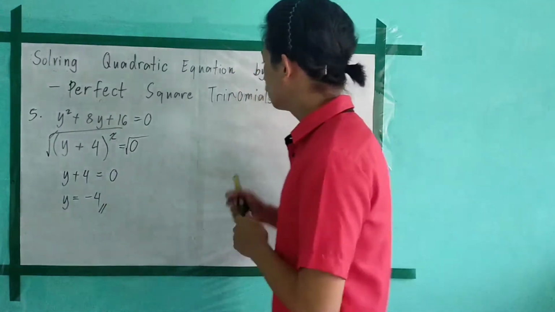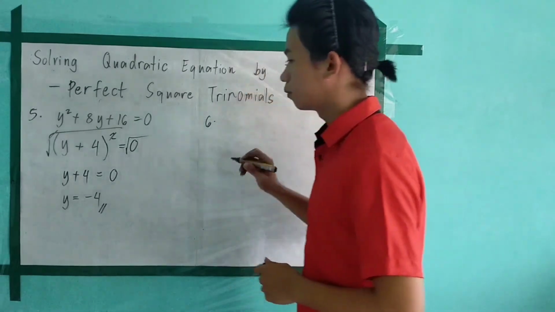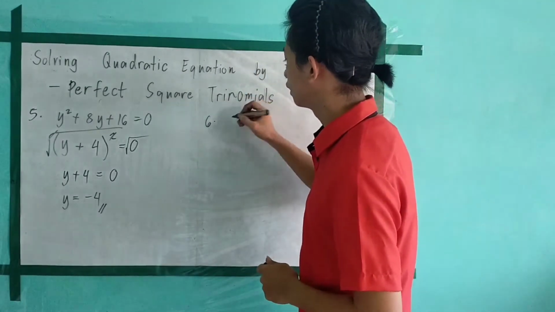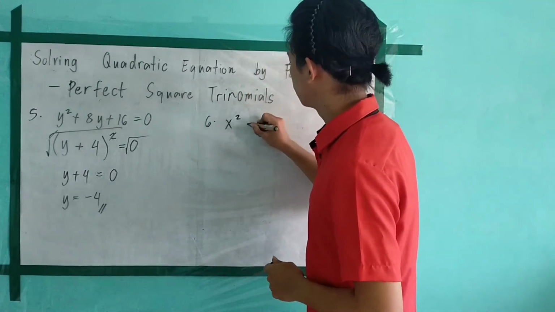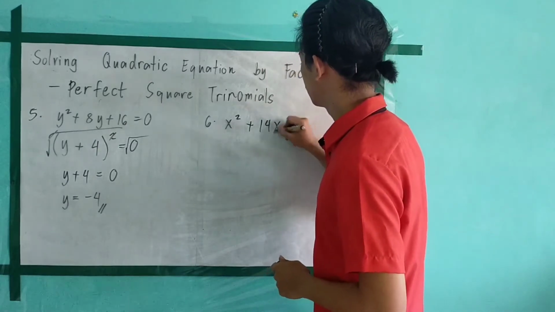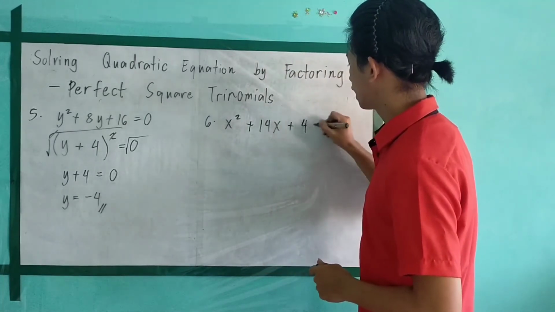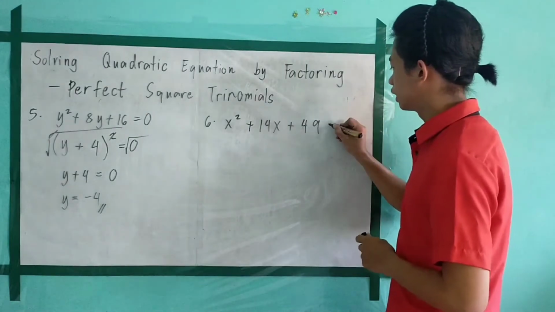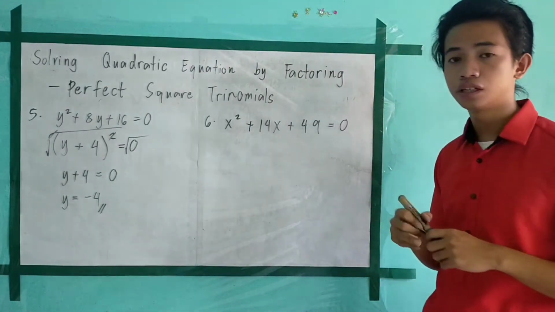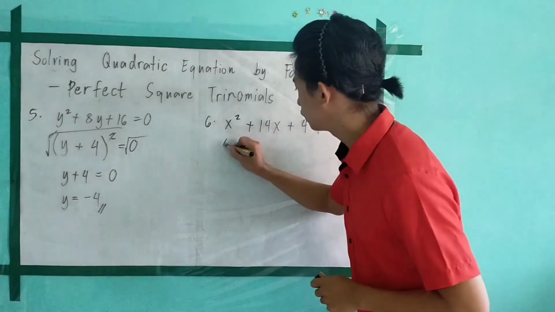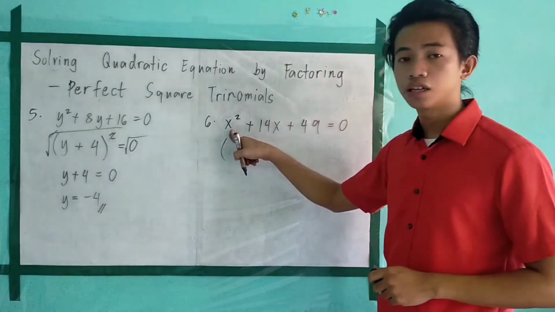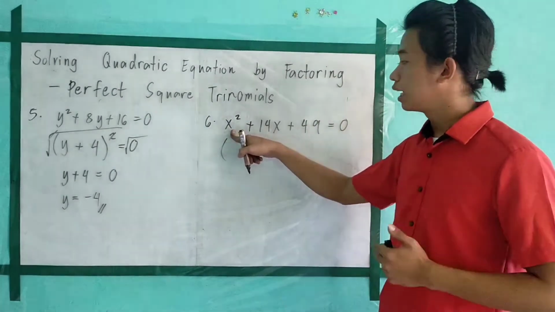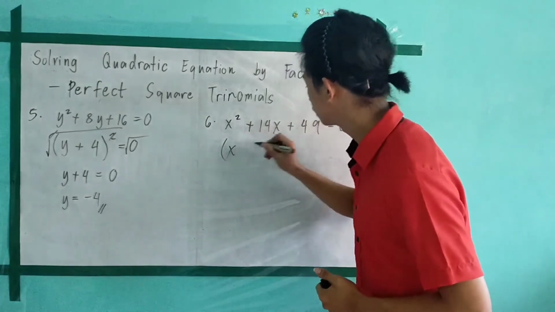Okay, let's have problem number 6. Problem number 6, we have x squared plus 14x plus 49, then it is equal to 0. So, factor natin, we have square root of x squared, we have x.